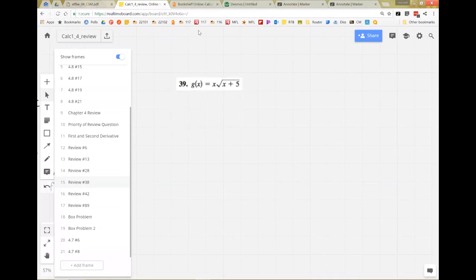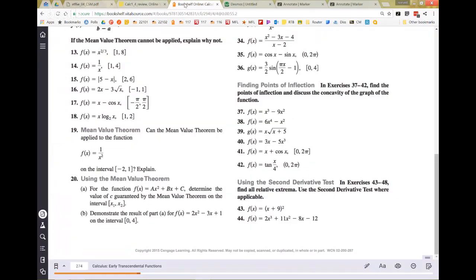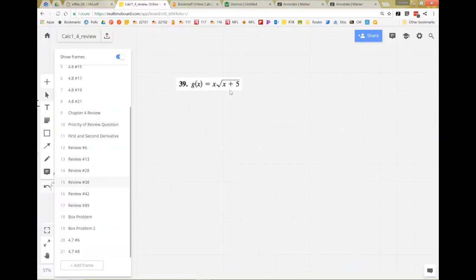What do we have for directions? Find the points of inflection and discuss the concavity. So this is definitely the second derivative because it's asking us for points of inflection. All right. So let's rewrite this and get ready to take the derivative. Okay.